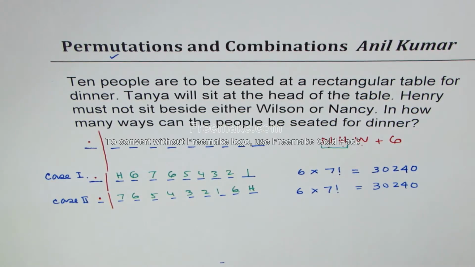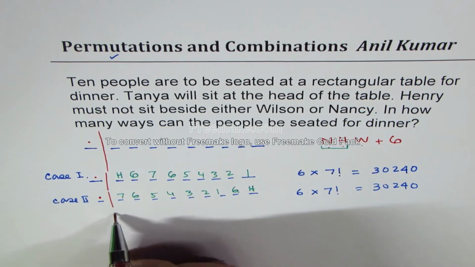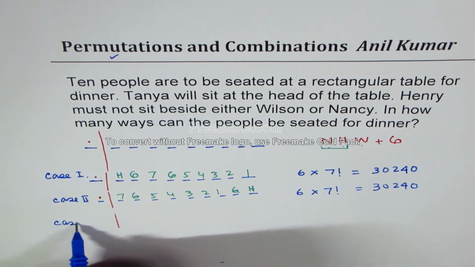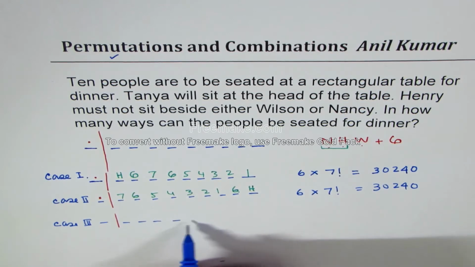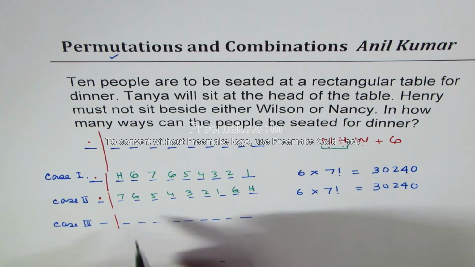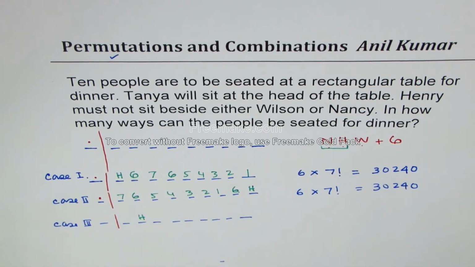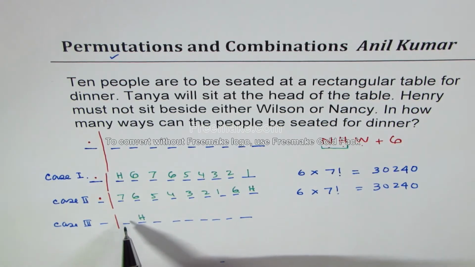arrangements, right? Now let us consider the positions where Henry is sitting somewhere in between, right? So case 3: 1, 2, 3, 4, 5, 6, 7, 8, 9. Let us say Henry is sitting in the second position. In that case, how many can sit in the first position?